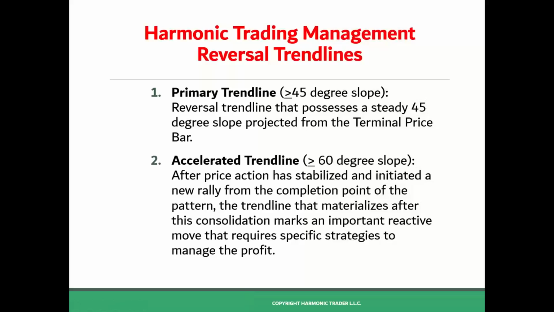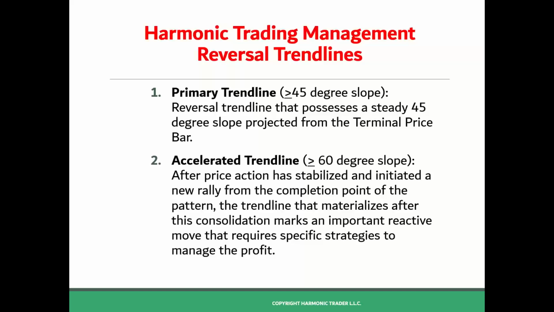Now, I utilize 2 really basic trend line management strategies. I have talked about this previously, but I think it's important to emphasize not only these types, but how to handle them. There's a primary trend line that most patterns possess. It's a steady development, I like to call it price construction off of the pattern. That's usually 45 degrees or more.